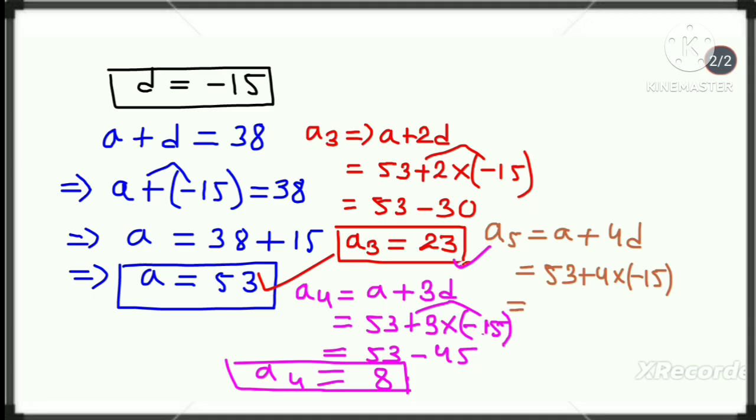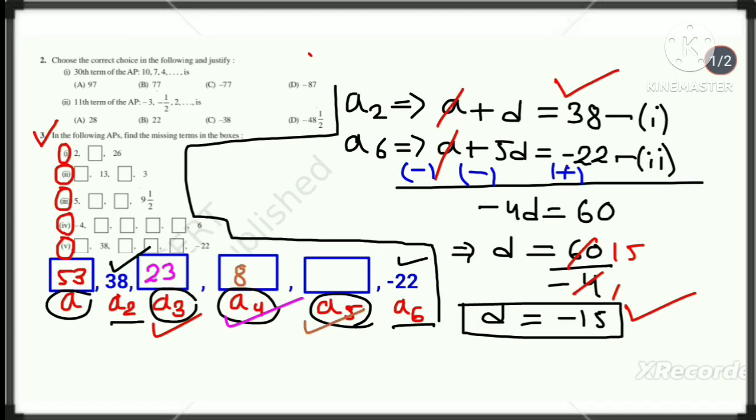Now 53, and here plus into minus is minus, 15 4s are 60, and finally we obtain A5 equal to, after subtracting 53 from 60, minus 7. In this way we have obtained A5 is minus 7.